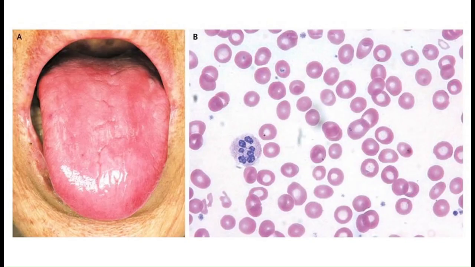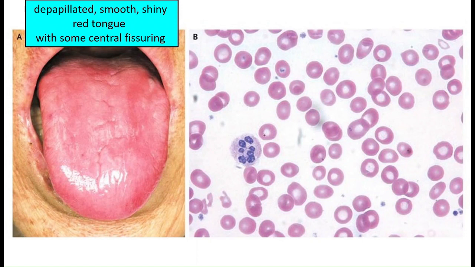If you look at your left, you can see a tongue that is smooth and shiny, and if you look at the center of the mouth, you can see horizontal fissuring.